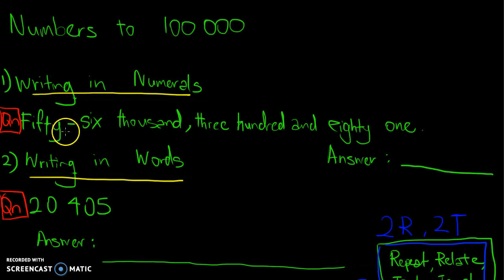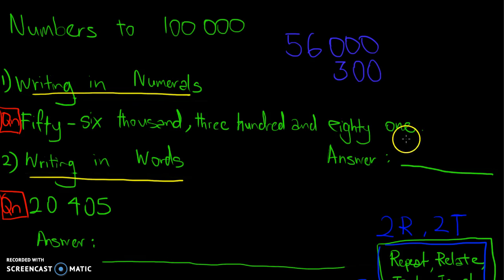So, for example, 56,000. Let me change color. 56,000, that's what you have here. Then 300, so we add 300 here, in the hundreds place.